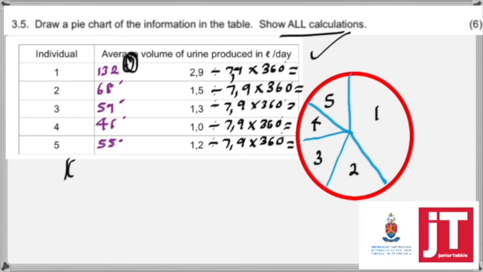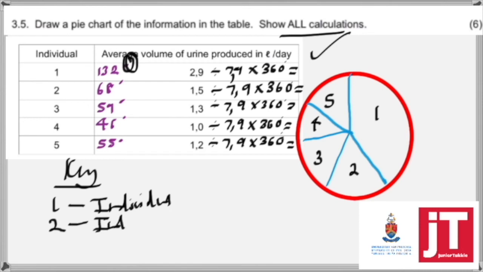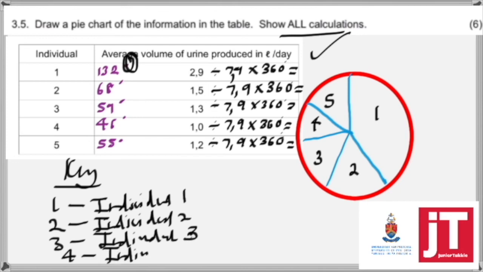In this case, the key 1 is for individual 1, 2 will be for individual 2, 3 is for individual 3, 4 is for individual 4, and then of course 5 is for individual 5. The most correct way to draw a graph is to use a key. That is also for a pie chart. Do not write any numbers or percentages in the pie chart, as one can see that in the calculations.